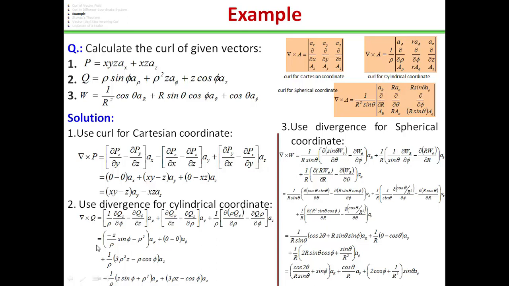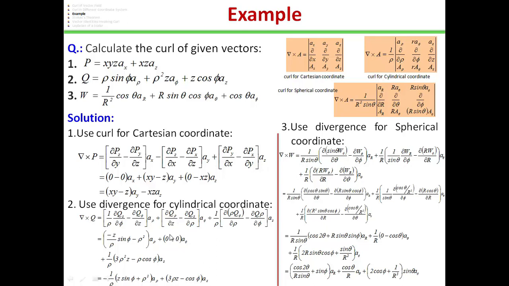Here curl of Q is represented as minus z by rho sin phi minus rho square a rho plus 0 minus 0 a phi, because if we differentiate Q rho with respect to z, we will find 0. Similarly, if we differentiate the Q z component with respect to rho, it will also provide 0.